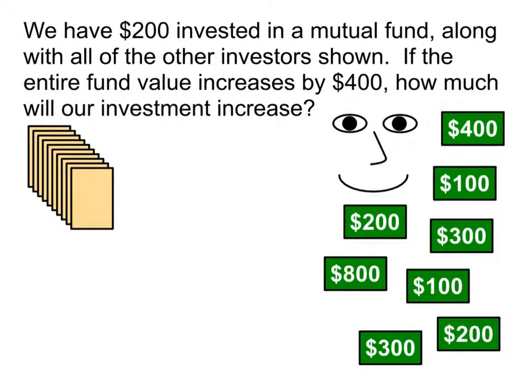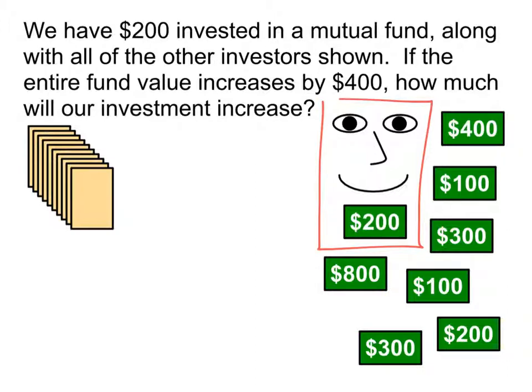All right, now, I have one last question for you. Here we have a completely new mutual fund. So they're buying a whole bunch of stocks in this mutual fund. Now, we don't know what those stocks are right now, and actually we don't have to know right now. What we do know is that these are all of our investors over here. We have invested $200.